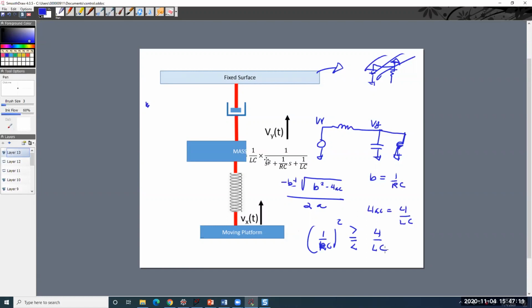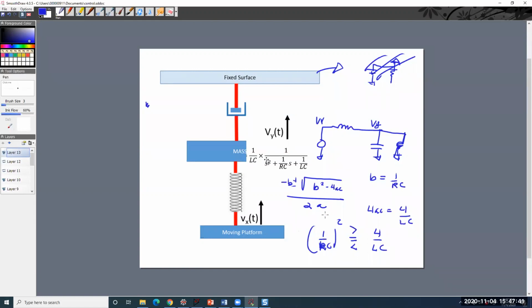Now, this system can actually be out of control. And how would that be? Well, what if this B term, not to be confused with the damping coefficient, were 0?